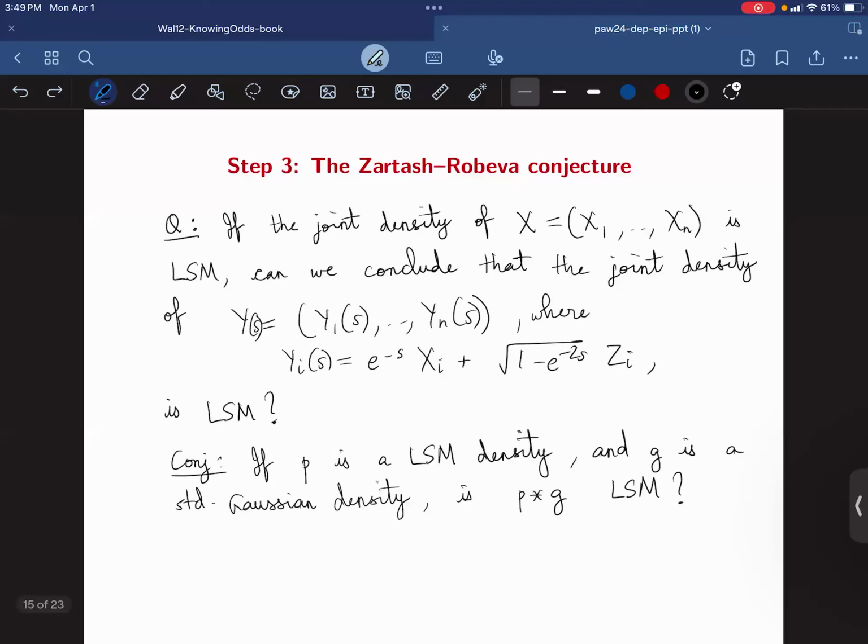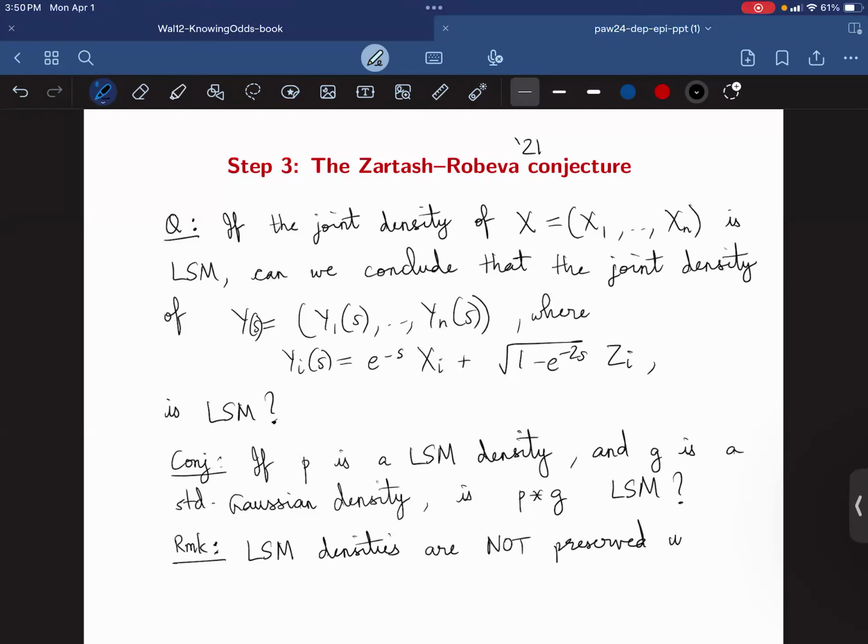So this conjecture was made explicitly by Zartash and Robeva just a couple of years ago. So this is maybe 2021 or so. The reason this conjecture is non-trivial in some sense is because it's well known that log supermodular densities are not preserved under convolution, right?